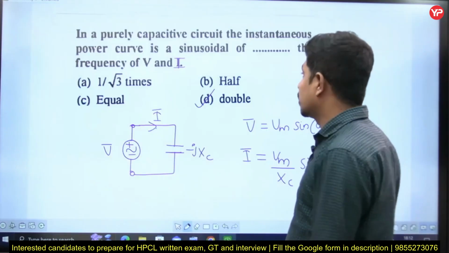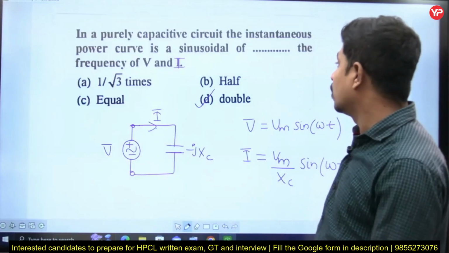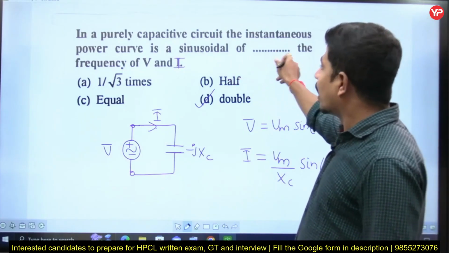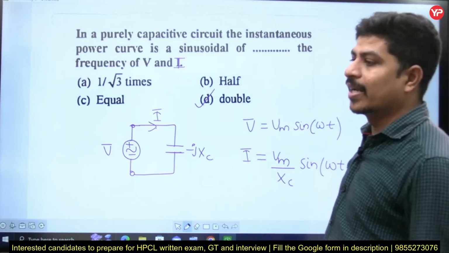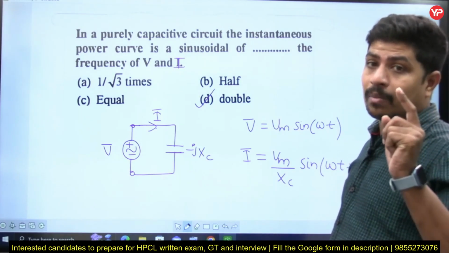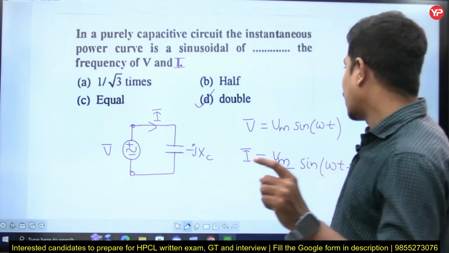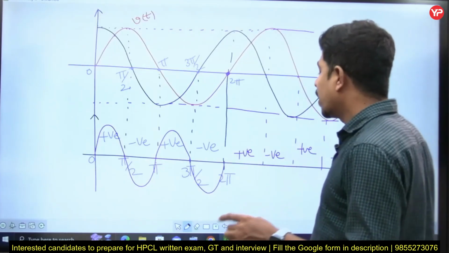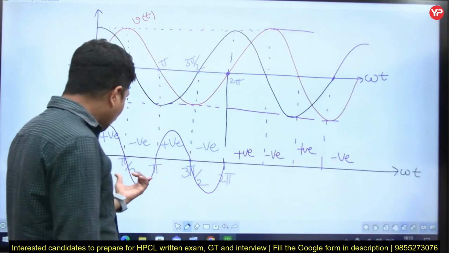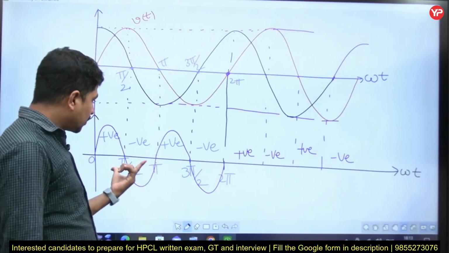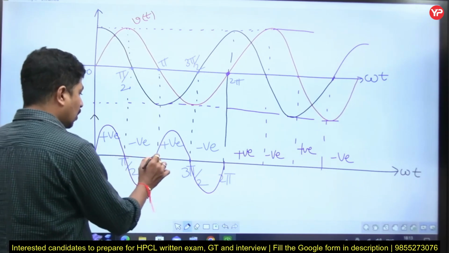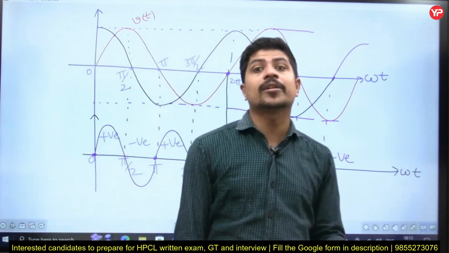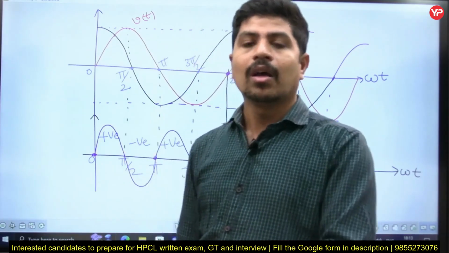Sometimes it may become difficult to understand the question itself. She is asking about a sinusoid of double the frequency of voltage and current. How many cycles did we get here? I got 2 cycles per second. This is one cycle, this is the second cycle. For resistance also, instantaneous power is double the supply frequency.